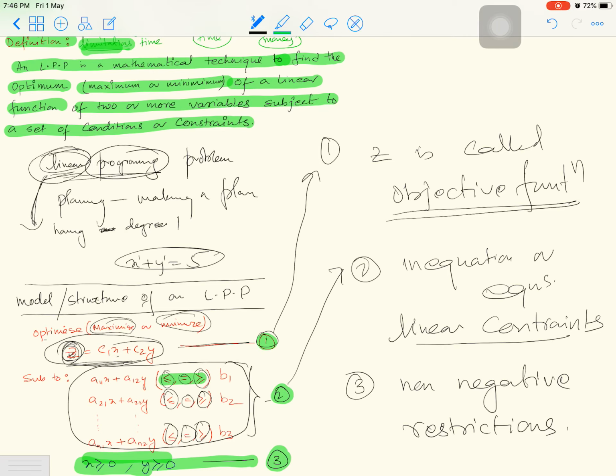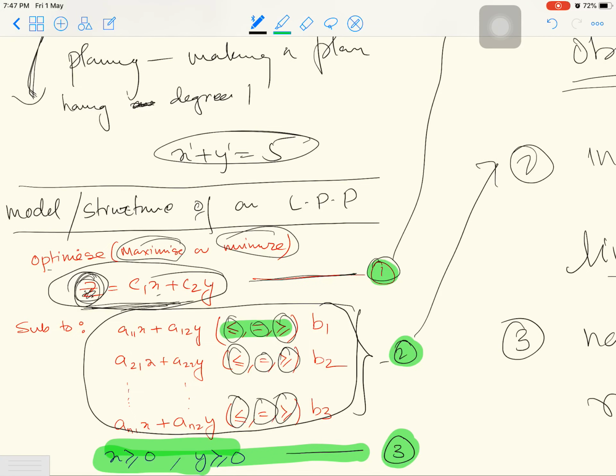Finally, we conclude an LPP is a mathematical technique to find the maximum or minimum of a linear function. Whenever we have target based problems, a word problem would be given to you. You need to convert that into a linear programming problem. How does a linear programming problem look like? It will have three parts.